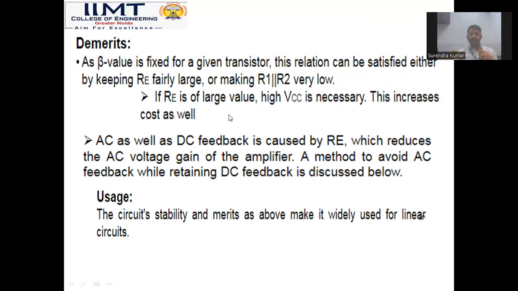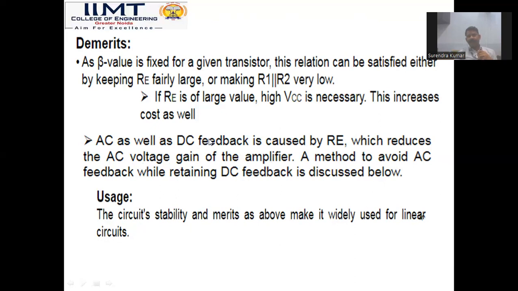So we can overcome this AC feedback voltage by applying a capacitor in parallel with this resistor. AC as well as DC feedback is exposed by RE, which reduces the AC voltage gain.